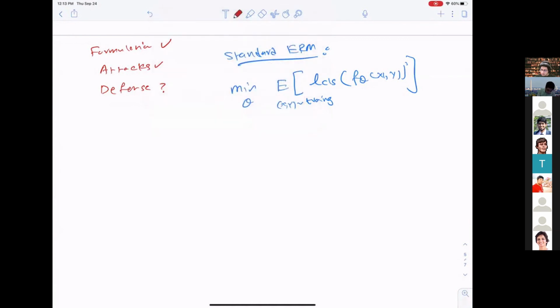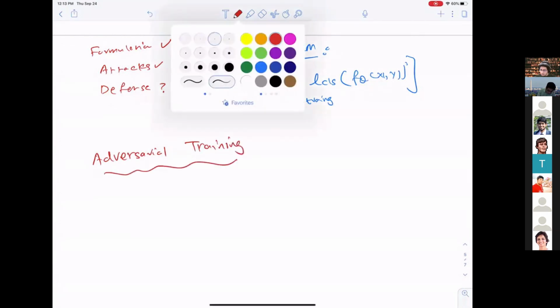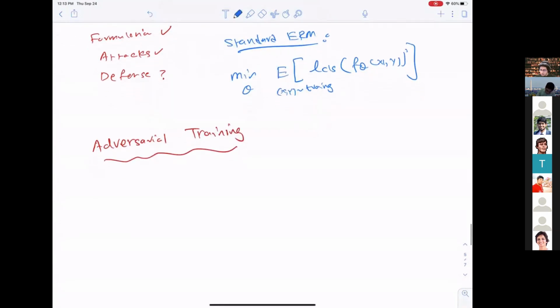So one way to do that is via adversarial training. The idea of adversarial training is quite simple. Instead of looking at just the classification loss on my training set, for training samples XY, I'm going to find the worst perturbation for each of them, and minimize my error on the worst perturbation.